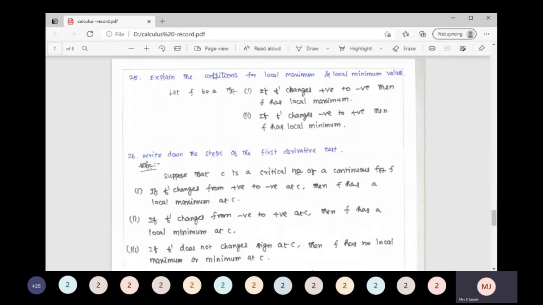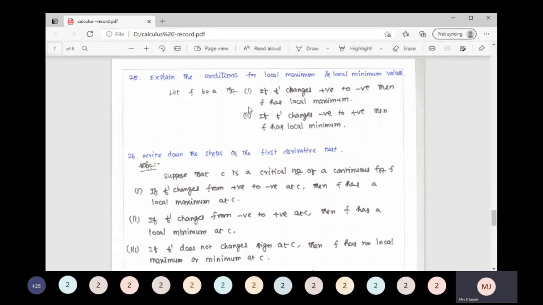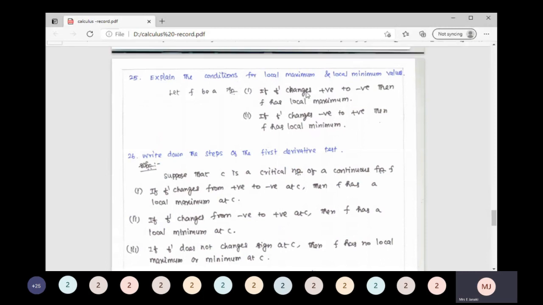Next, the condition for the local maximum and the local minimum values. For any function f, you first have to calculate f'(x). And we have to check the condition: if f'(x) changes from positive to negative, then the given function has a local maximum.